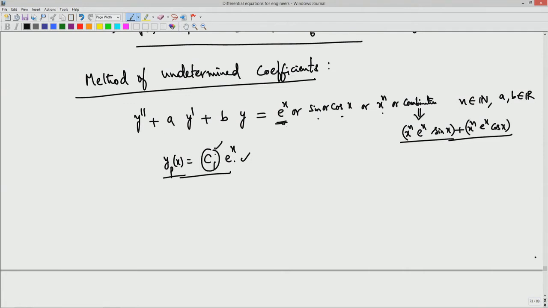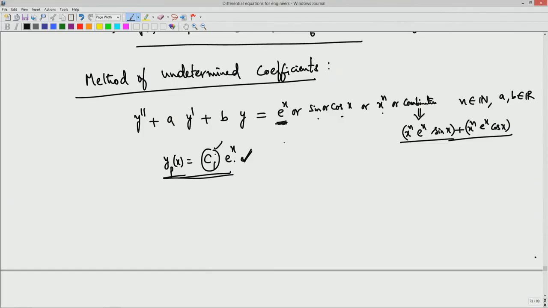You expect to find this c1, but how do you know the form c1 times e^x? You have to remember, for each combination, the form of y_p, and then you can determine these constants. That is why this method is called the method of undetermined coefficients. In this method, you have to remember exactly the form of the particular solution depending on the right hand side.